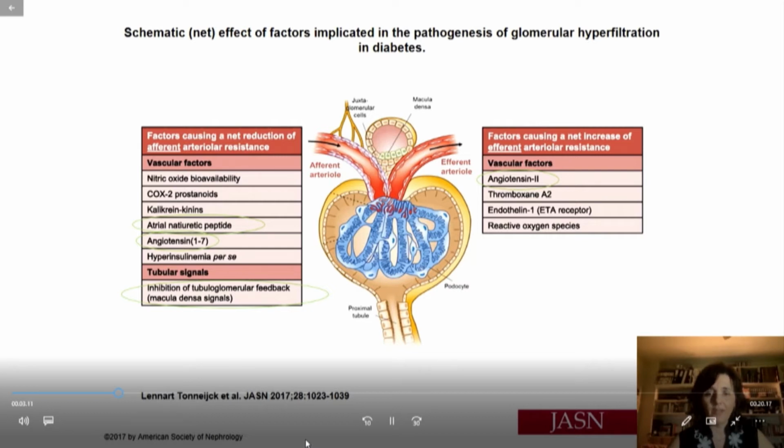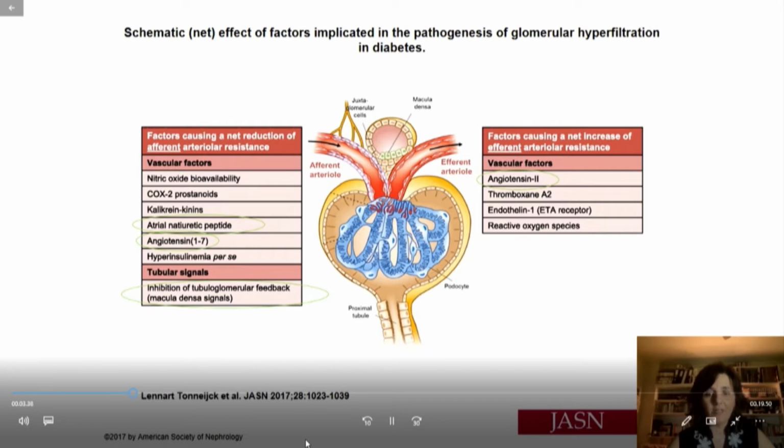RAS blockade with ACE inhibitors or ARBs is the cornerstone therapy to reduce proteinuria, CKD progression, and cardiovascular risk. These benefits appear to be comparable between ACE inhibitors and ARBs when they are used at equivalent doses, and they carry comparable adverse events besides cough, which is exclusive to ACE inhibitors.